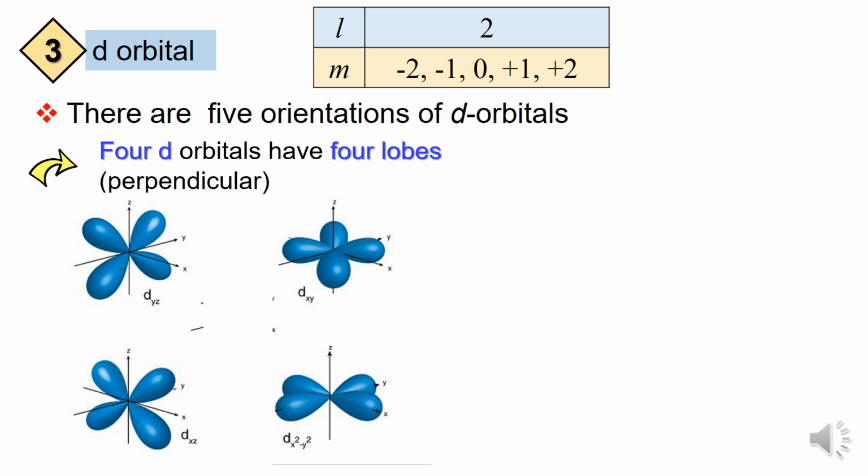4 d orbitals have 4 lobes: dyz, dxy, dxz, and dx²-y².